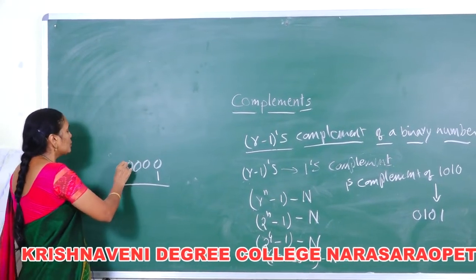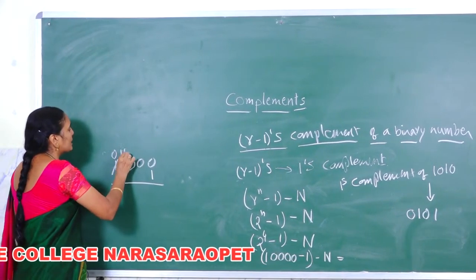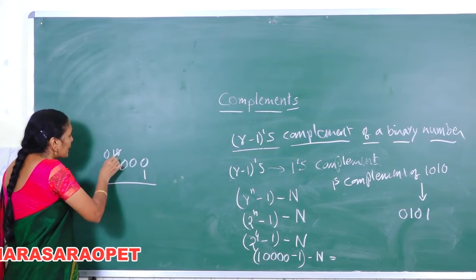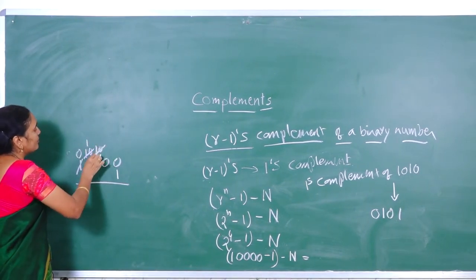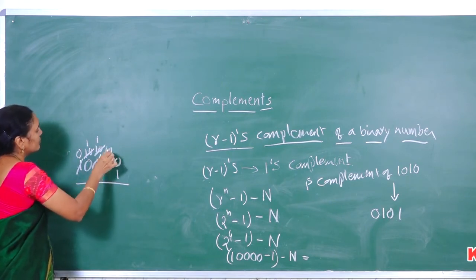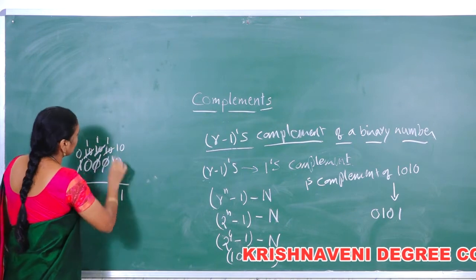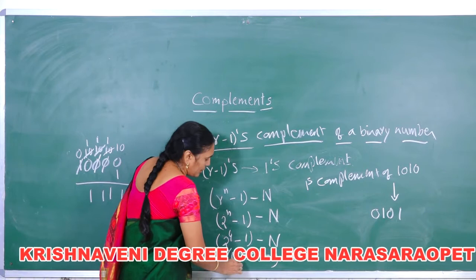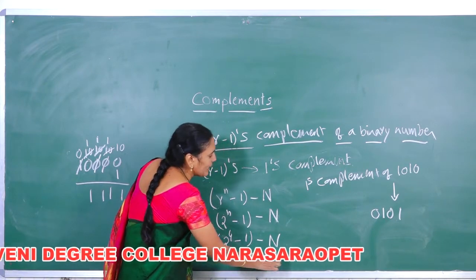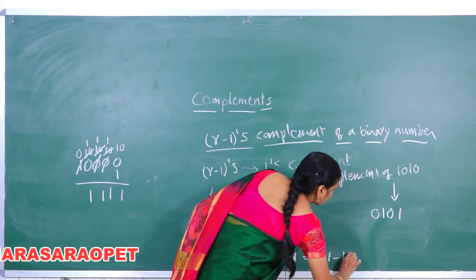So the 1 will be cancelled to 0 and this 1 will be passed here, and from this we are taking 10 here. So 4 zeros minus 1 will become 1111 minus n.